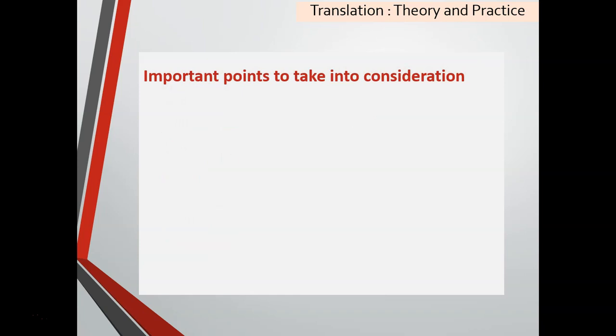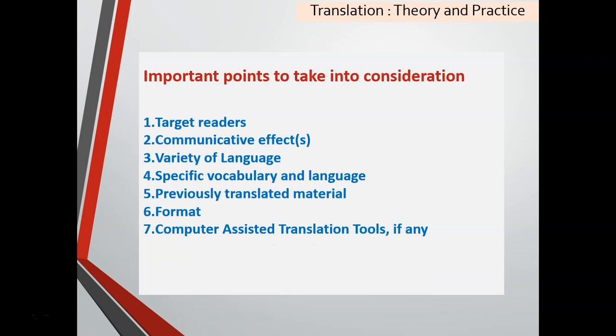For example, it is very important prior to any translation task that you know who the target readers of your translation are and what would be the communicative effect that is desired from the translated text, and the variety of language that is required, whether it is a specific type of the target language or a standardized type.